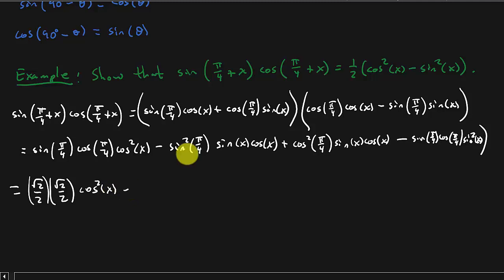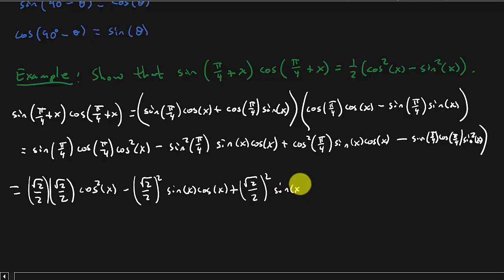And then I've got minus, and then sine of pi over 4, that's square root of 2 over 2, and that's squared, times sine x cosine x, plus, and then I've got square root of 2 over 2 squared, and that's going to be sine x cosine x, minus, and then I got square root of 2 over 2 times square root of 2 over 2 times sine squared x.